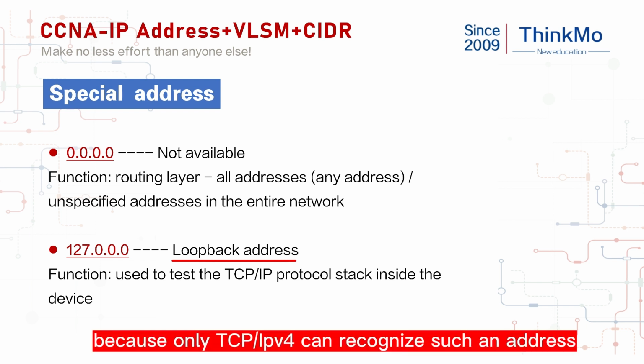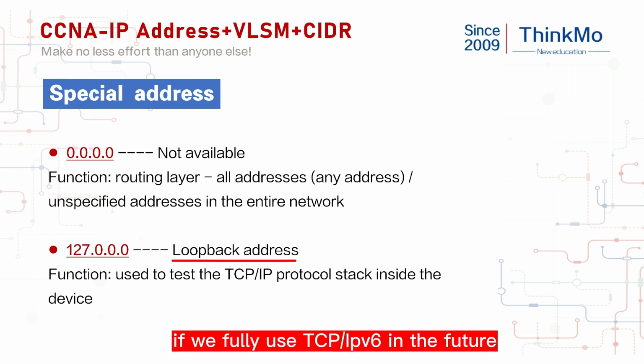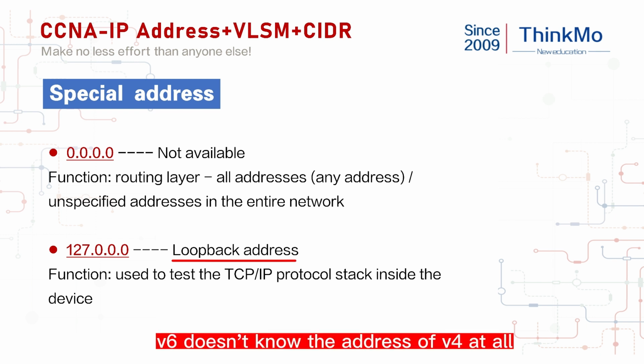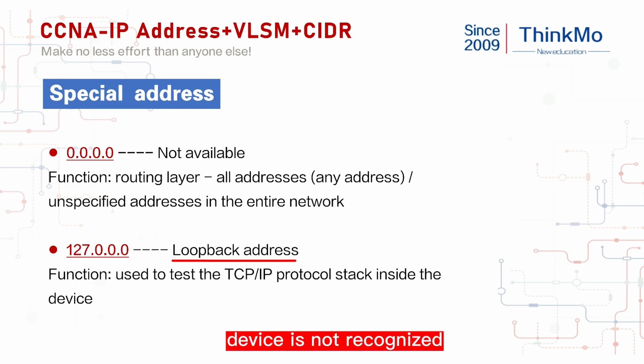Because only TCP/IPv4 can recognize such an address. If we fully use TCP/IPv6 in the future, v6 doesn't know the address of v4 at all; the device doesn't recognize it. If you install an IPX protocol, overall its address will be longer than an IPv4 address.